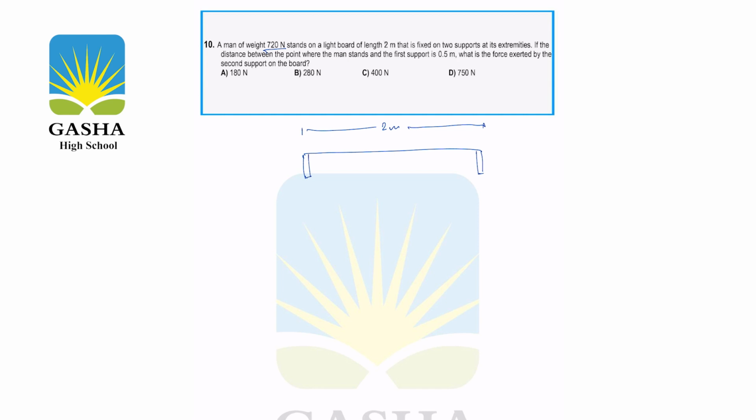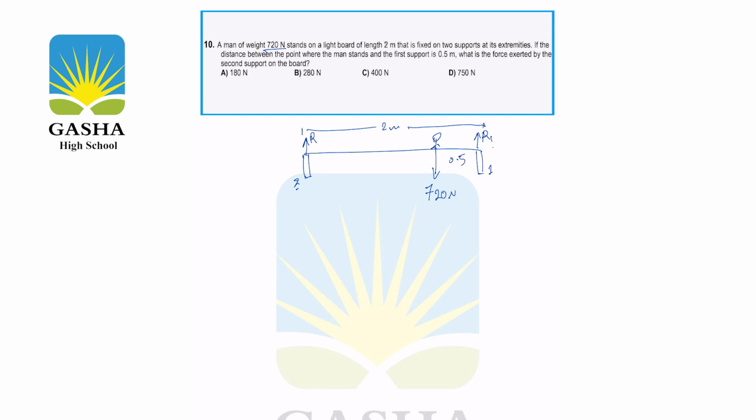We already know that when we have a board and a support, we have a reaction force due to the pillars. Let's say that's the first support and that's the second one. The man stands 0.5 meter away from the first support.